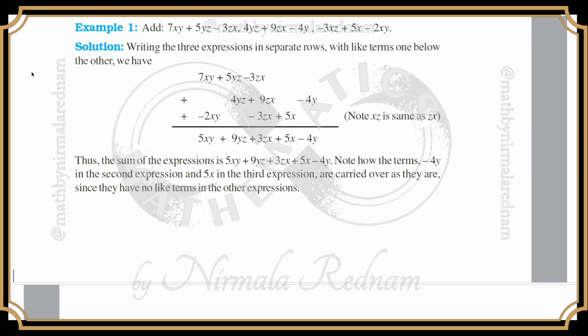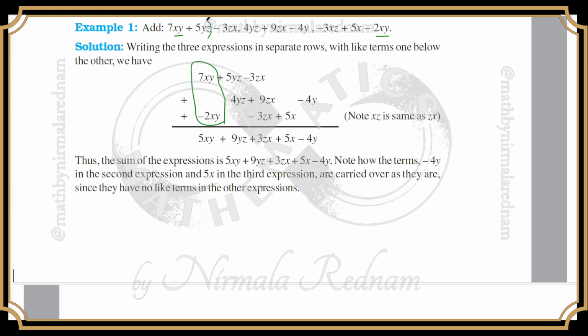So here, for example, I have an xy here, and then I have an xy in the third expression over here, and that is the reason why he has written these two in one column.